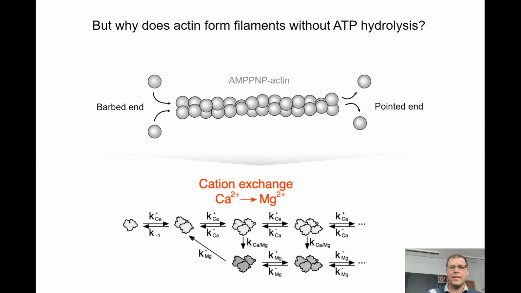So in fact, I tested what happens if I do a mass photometry experiment with AMP-PNP actin, and then use the rate constants for calcium actin and magnesium actin and the exchange rate with the same kind of model on that data.